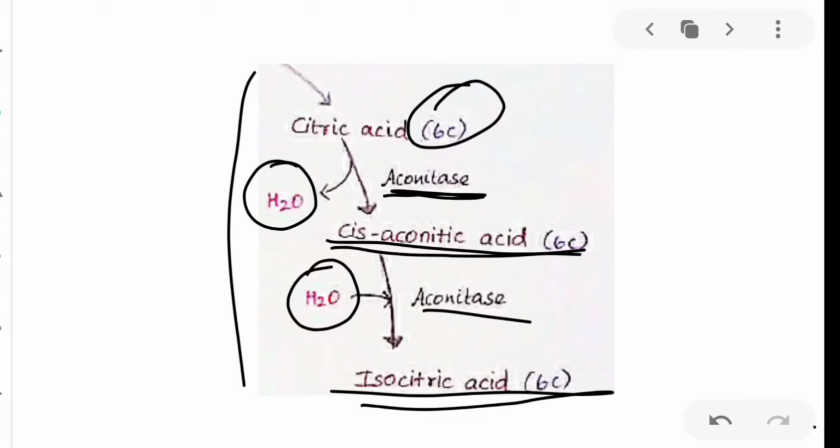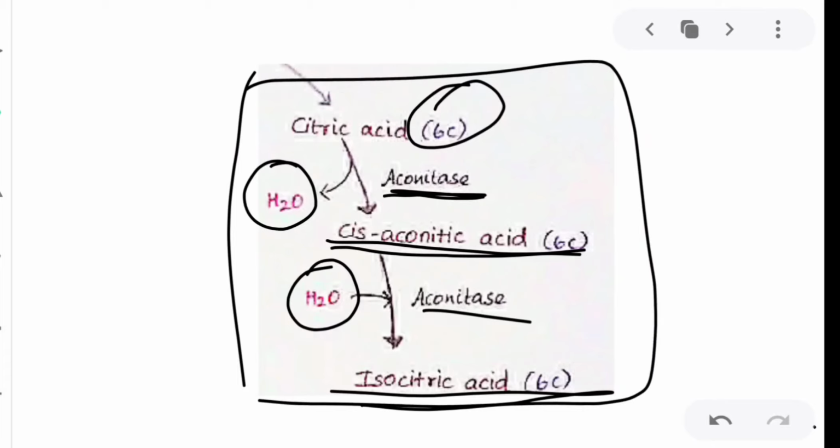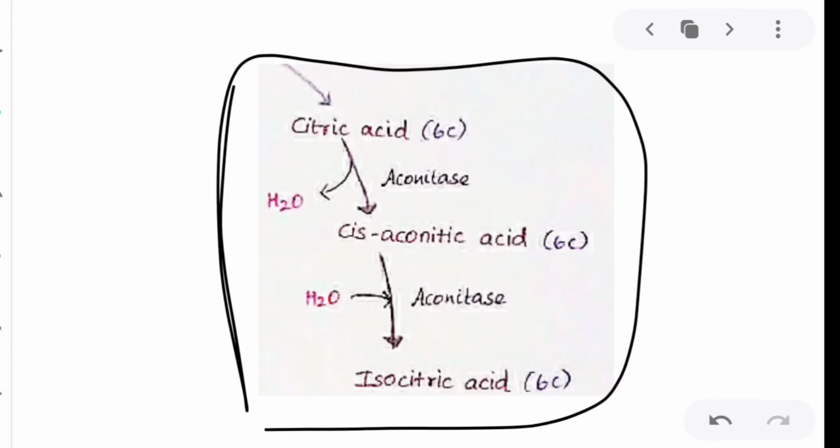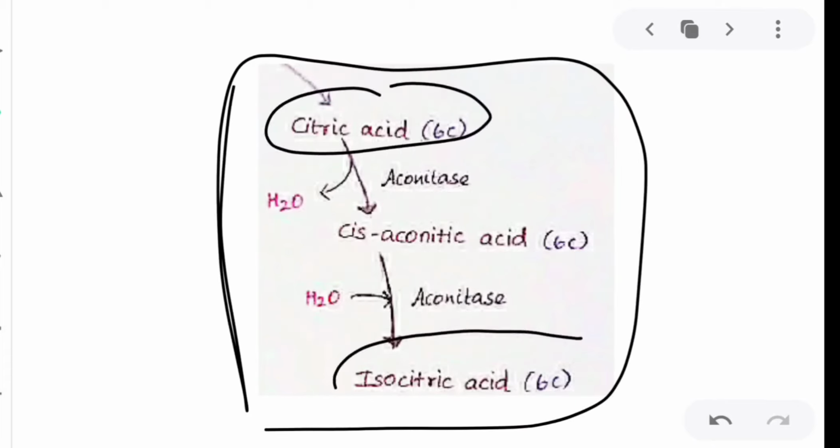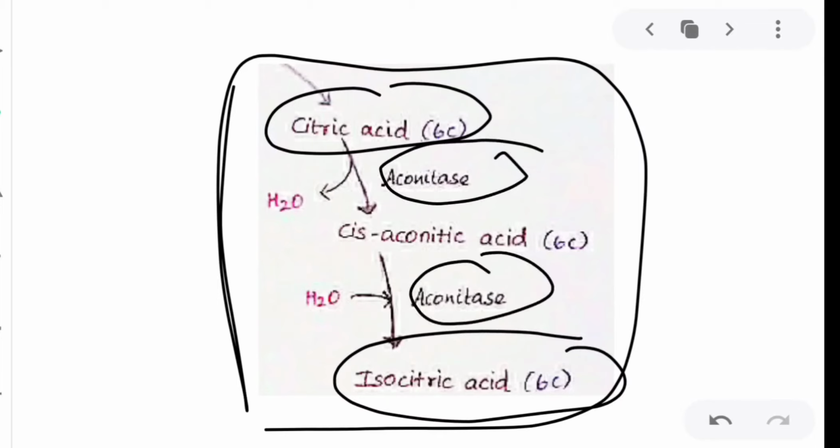So actually this is an intermediate step where citric acid gets converted to isocitric acid in the presence of aconitase, and there is no net loss of water.